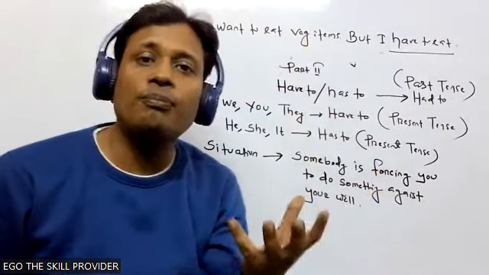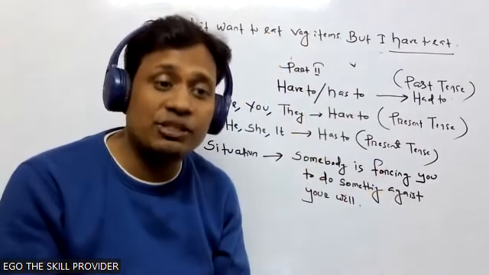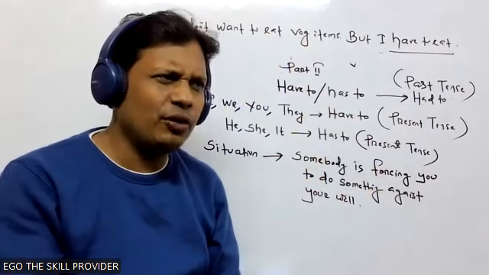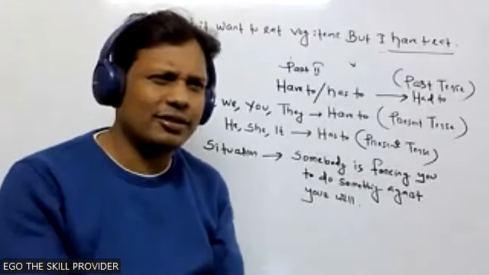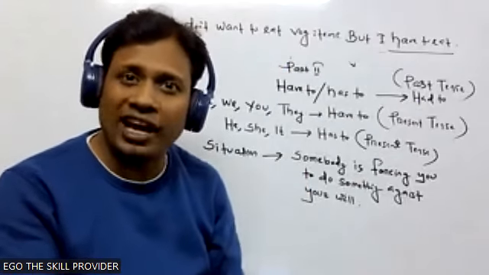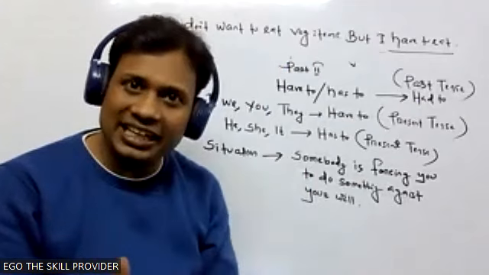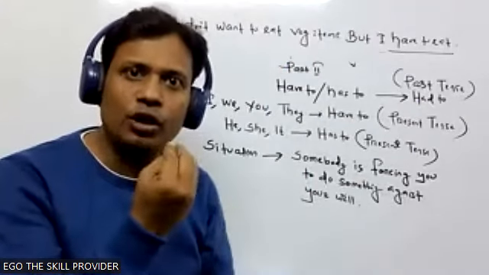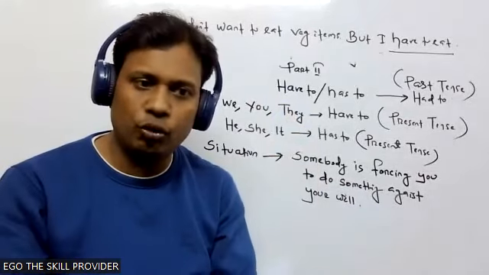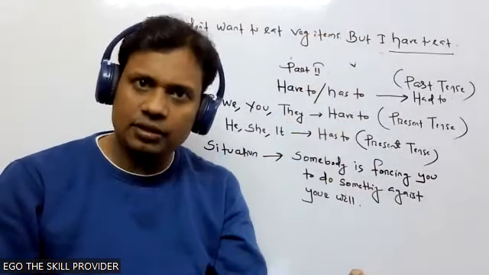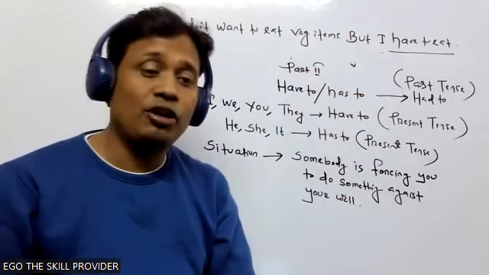There are a lot of veg items, just like mixed veg, or some fried items, potato fries, all the things. These are called veg items. There are two kinds of items you get in the market or at home. One is called veg items, the other is called non-veg items. What are non-veg?